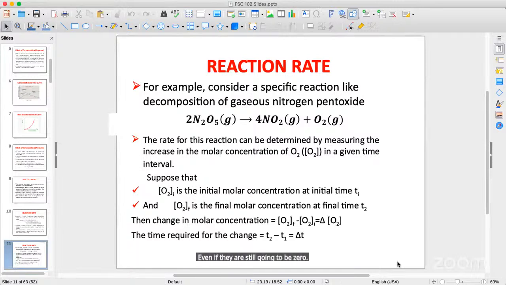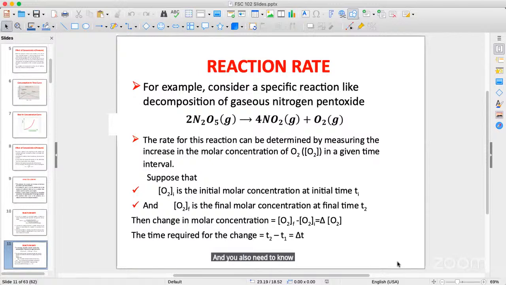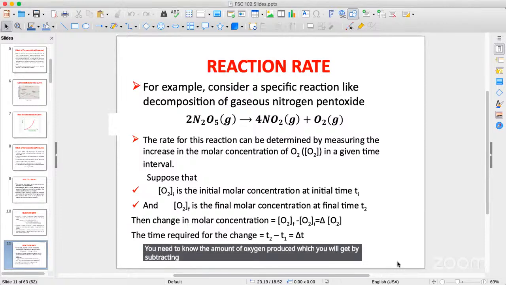So that after some time, when you're determining the rate of reaction, you need to note that time, and you also need to know the amount of oxygen produced, which you will get by subtracting the initial amount from the final amount of oxygen. And that will give you the change in oxygen concentration in the course of that reaction, which is your delta O2 here.